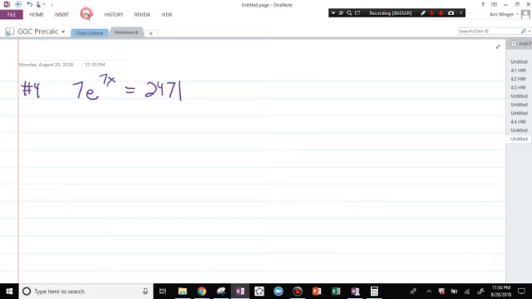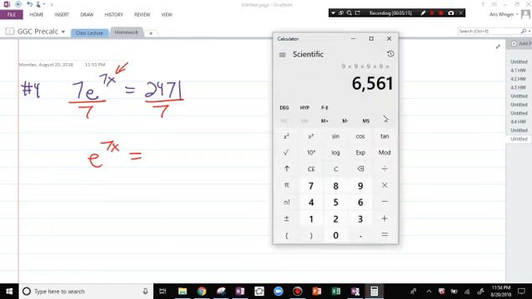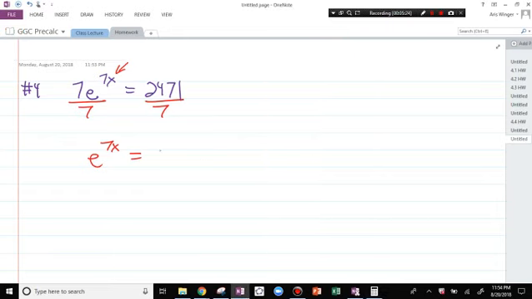Right, so then we'll divide, we're solving for this x here, right? So we're going to divide the 7 out. Hopefully that goes evenly. E to the 7x equals 2471 divided by 7 is 353.